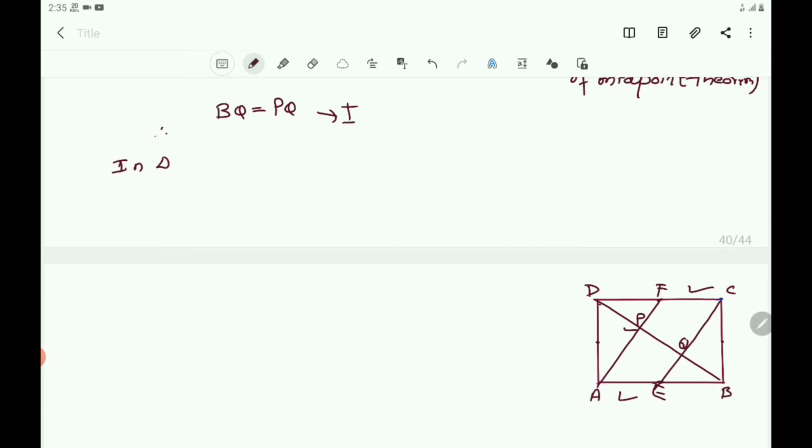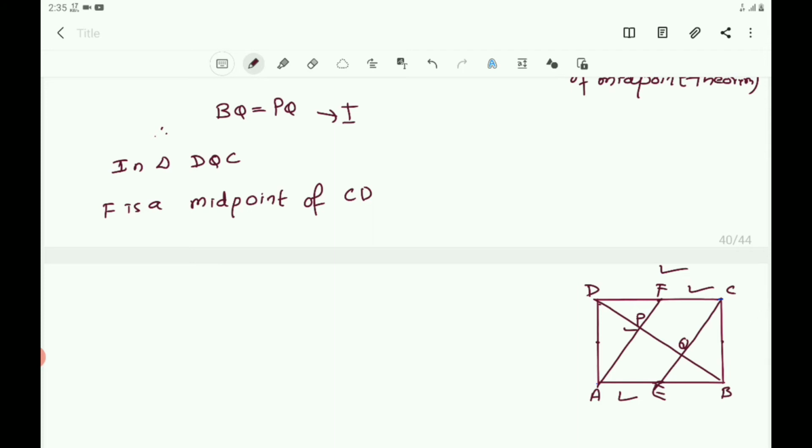Next you take the triangle DQC. In triangle DQC, you know that F is a midpoint of CD, and also FP parallel to CQ.